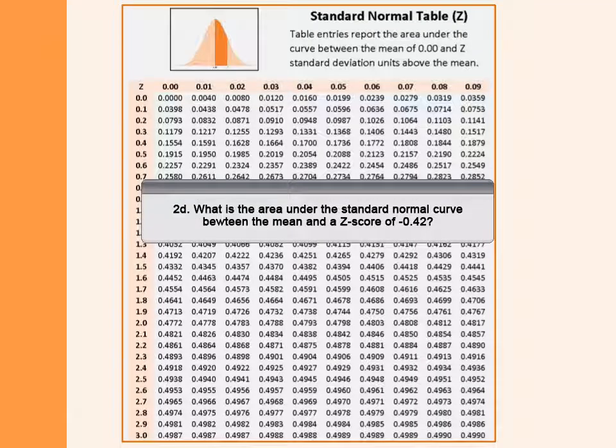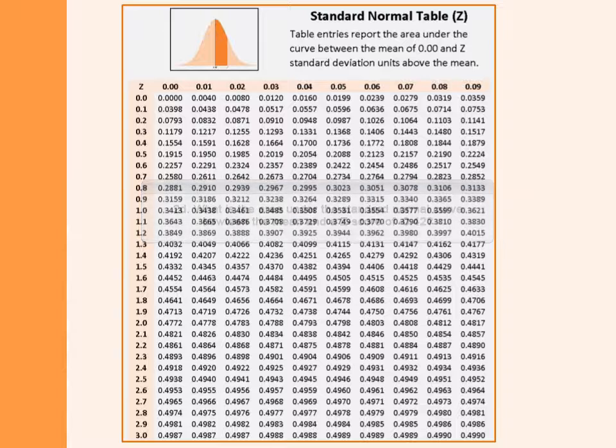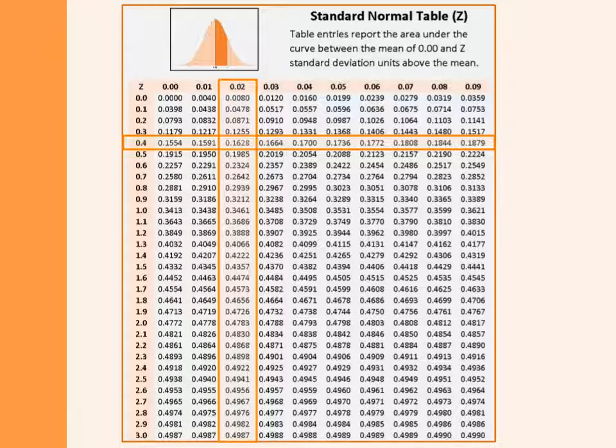For the fourth problem in this set, we are to find the area under the standard normal curve between the mean and a z-score of -0.42. Again, looking up the absolute value of our z-score, we highlight the row that reports a z of 0.4, and then the column that reports a z-score to the hundredth, that is 2. And we see the value that appears at the intersection of these two highlighted areas is 0.1628.